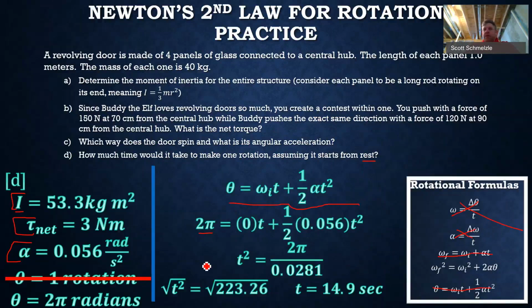There's my number of radians that it rotated. There's my initial velocity. There's the alpha that I just calculated in the previous question. So I take 2 pi divided by 0.0281, get 223, square root that for both of those. My time it should take for this to make 1 complete rotation should be 14.9 seconds, right?